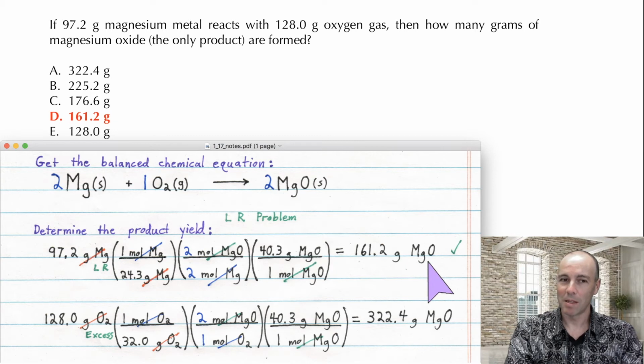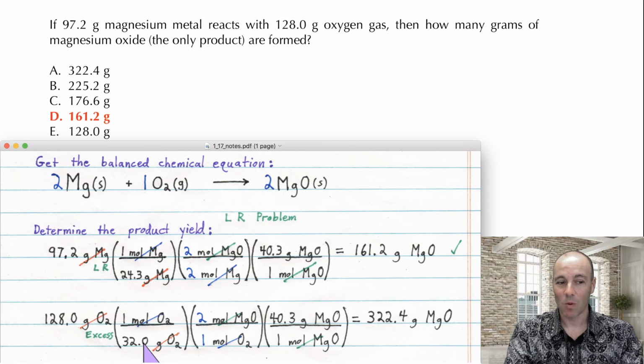Now, this is a limiting reactant problem, and that means we need to do the calculation again using the other chemical. So let's start with the 128.0 grams of O2 now, and convert that to moles using the molar mass of O2. I'll remind you that 2 times the atomic mass of oxygen, which is 16, gives you 32. So 1 mole is 32 grams.